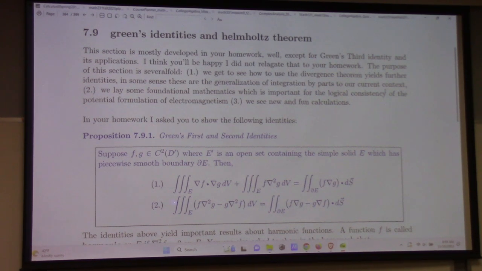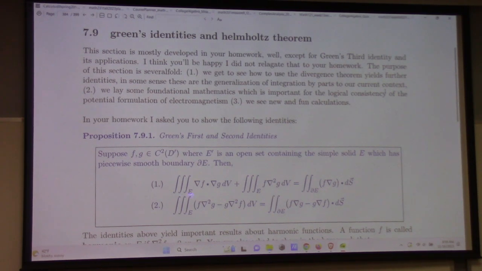In particular, if you have the dot product of two gradients plus the volume integral of f times the Laplacian of g, well, you can trade it for the surface integral of f del g over the surface. These are actually pretty fun to derive. These make decent homework problems. We could derive this in class in about 5 minutes. It's a decent thing to try for yourself. They're simple consequences of the divergence theorem, I believe.